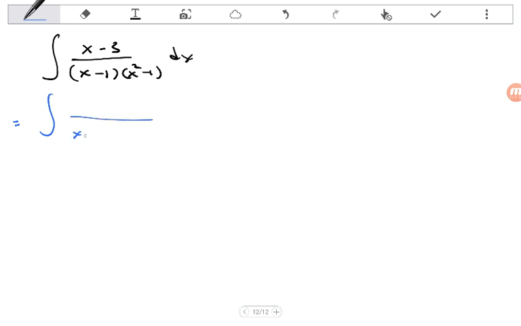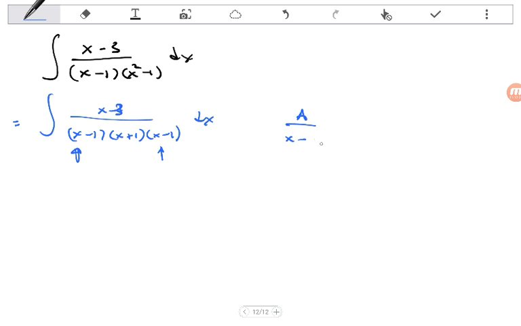It will be x minus 1, x plus 1, x minus 1. Would I leave it in this form? No, we have two identical brackets here. I can't deal with them as different brackets.